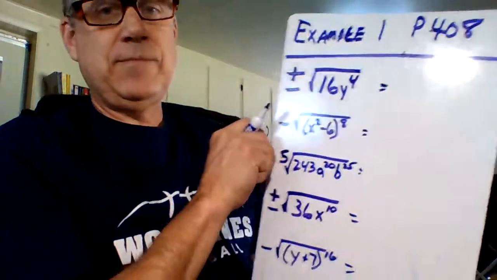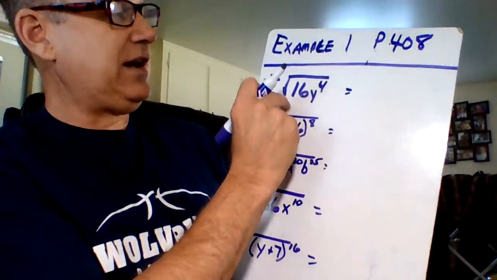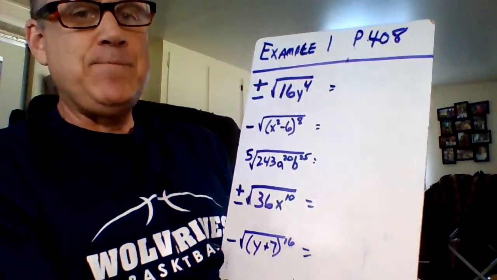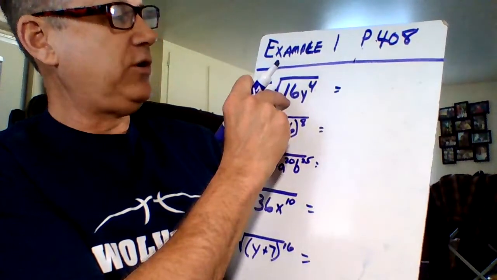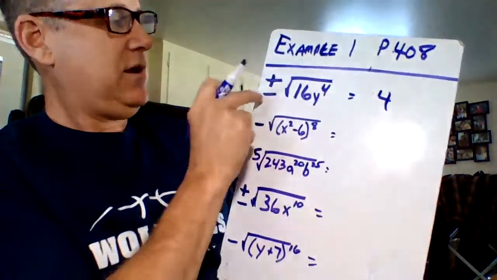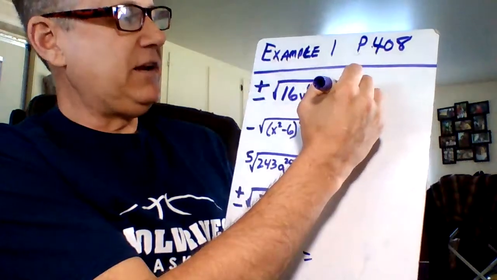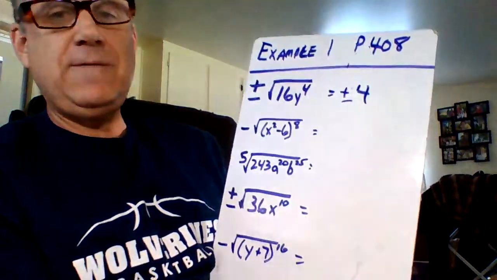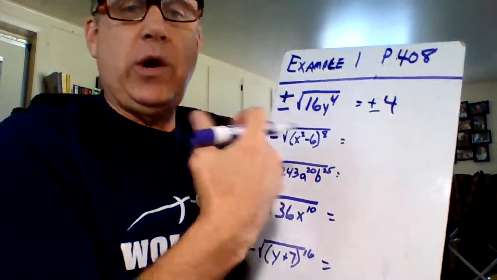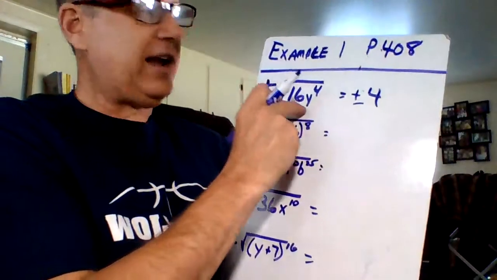All right, so here we have plus or minus the square root of 16y to the 4th. We're basically taking the square root of 16, which would be 4. We know we're going to add our plus minus at the start of it. Then y to the 4th: what's the square root of y to the 4th?